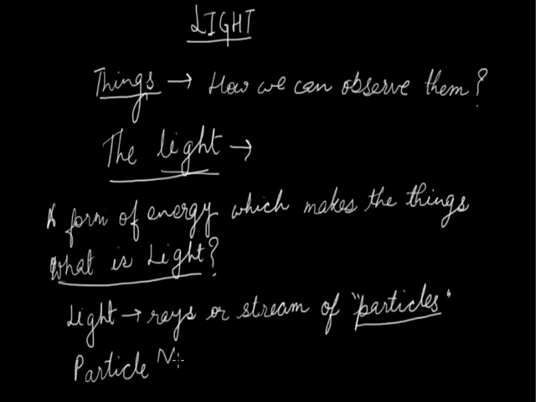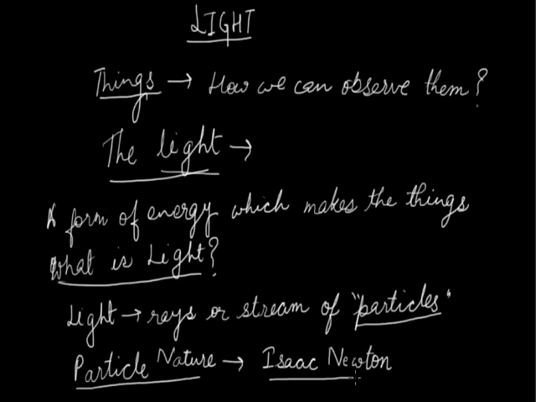This particle theory of light behavior was approved by the legendary physicist Isaac Newton. Due to his giant personality in physics, this concept of particle nature of light was always considered to be true.